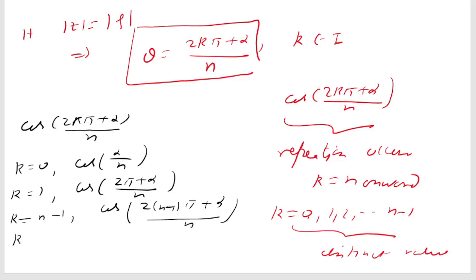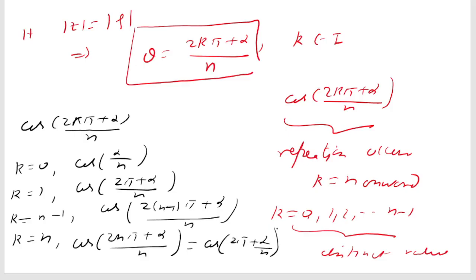But if I choose k equal to n, what happens? Cos of 2n pi plus alpha by n, where n cancels out, is cos of 2 pi plus alpha by n. Got it? So essentially this value is the same as the first value.